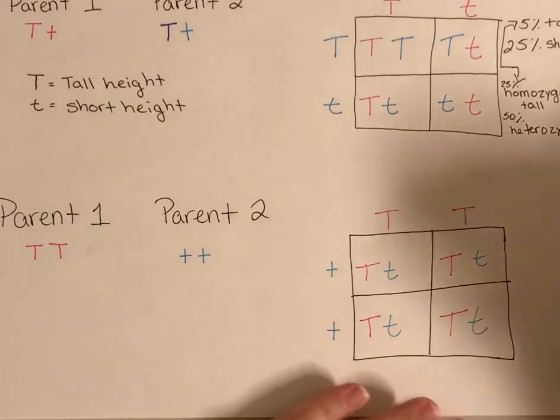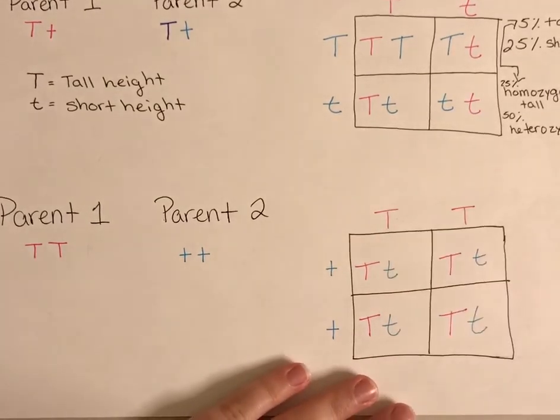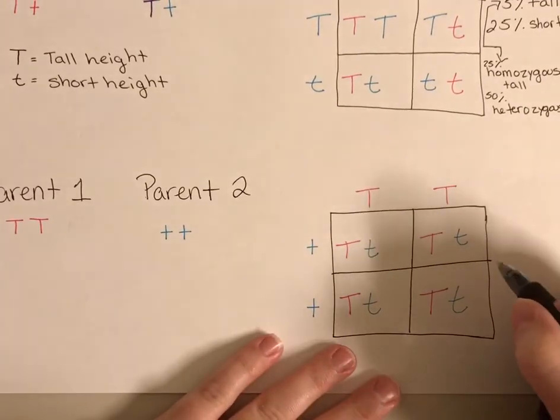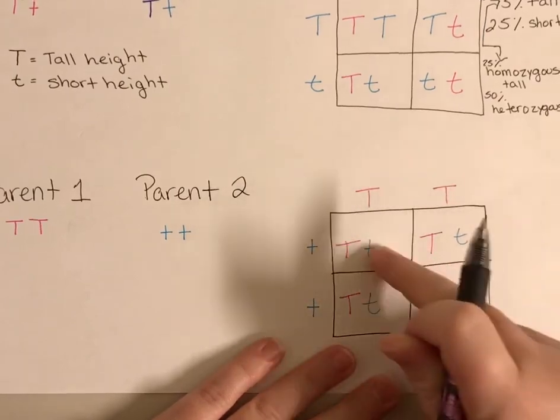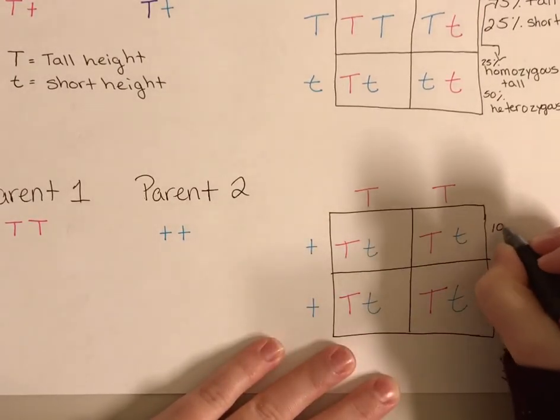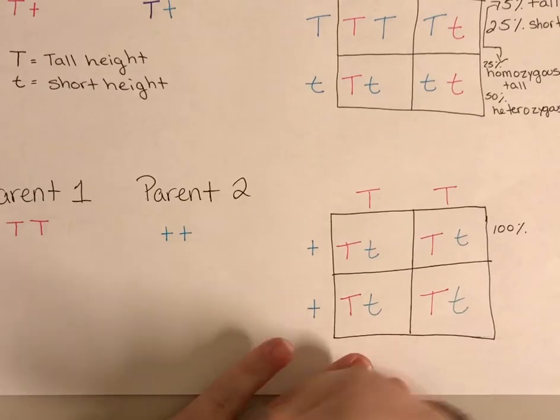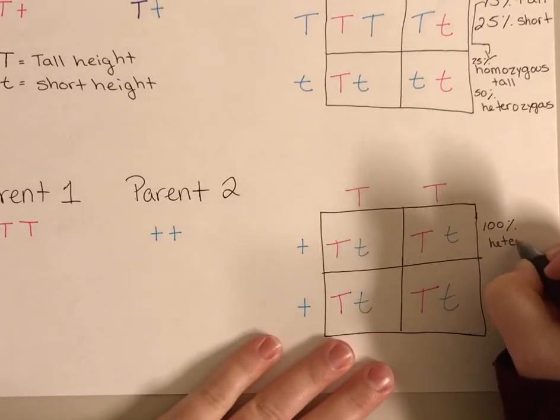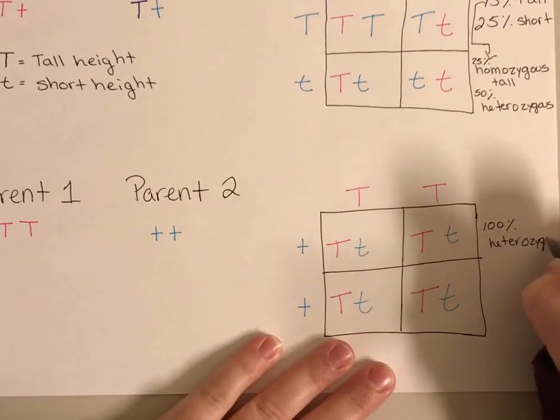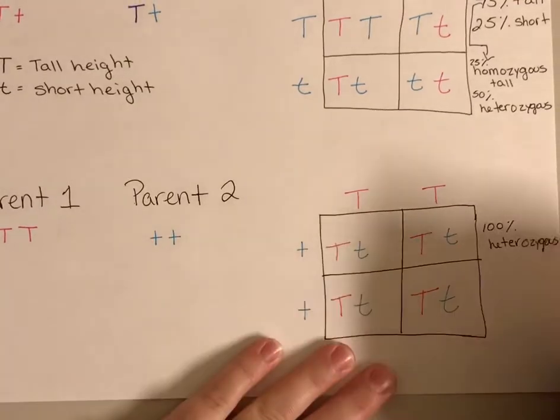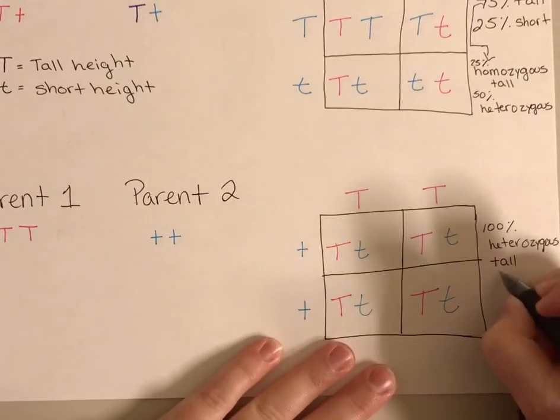All right, and what we have here now with this offspring is 100%, see they're all the same, so this is going to be 100% heterozygous, all right, for tall height.